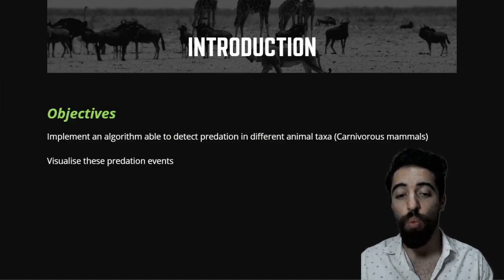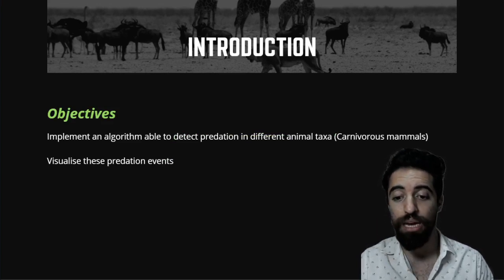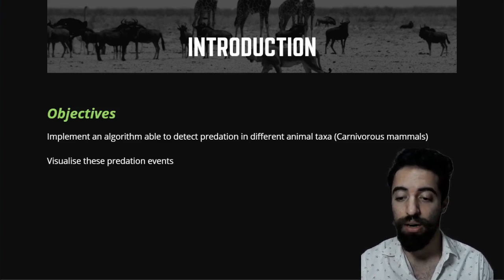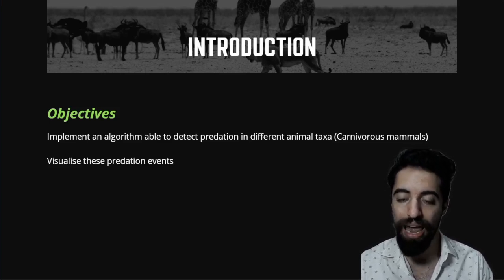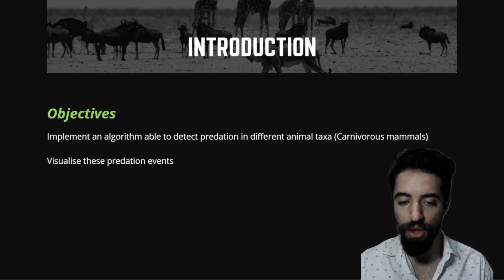So for that, we came up with the objective of the paper, which is to implement an algorithm able to detect predation in different animal taxa, mainly carnivore mammals, and also visualize these predation events, seeing what our algorithm is looking at in the picture.